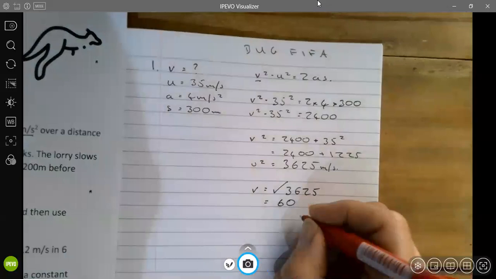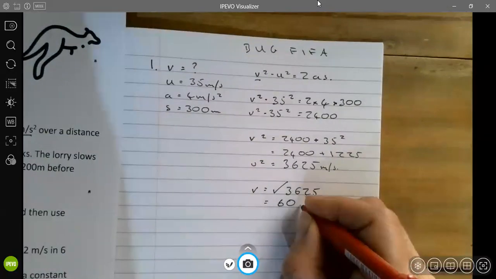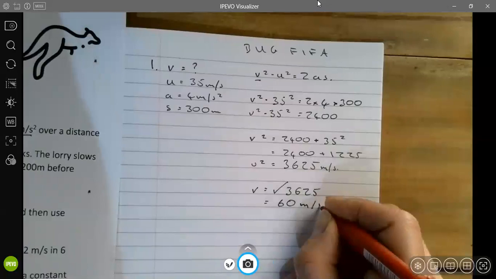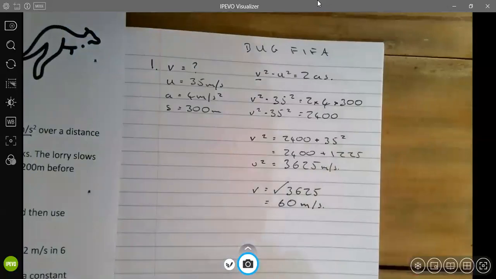So I'll just call it 60 meters per second. So its new velocity after accelerating at 4 meters per second squared for 300 meters is now 60 meters per second.